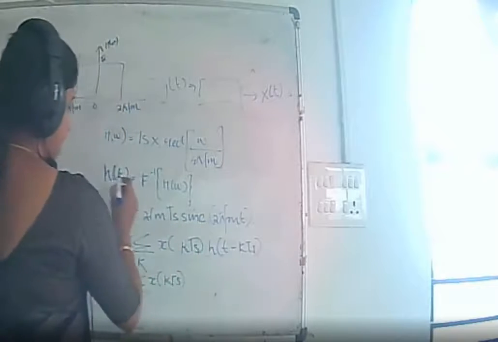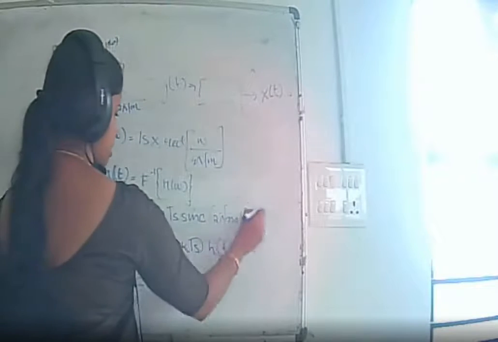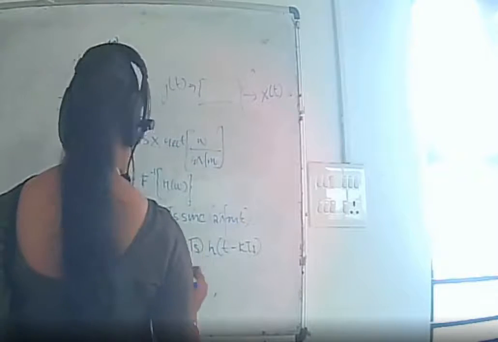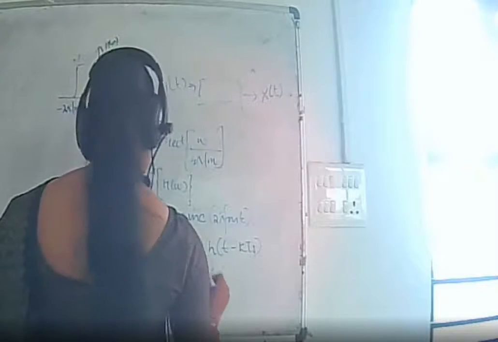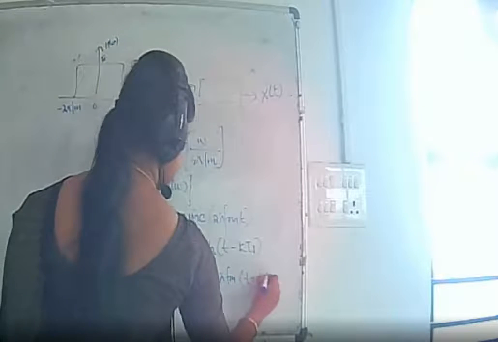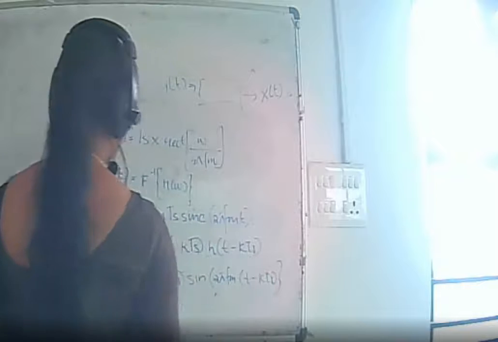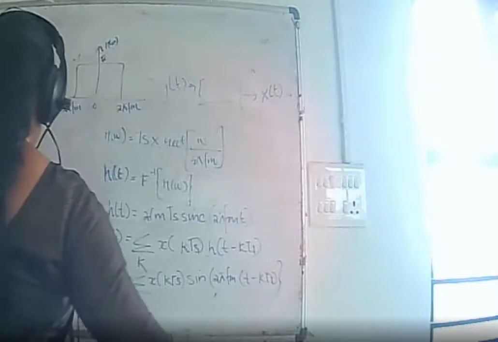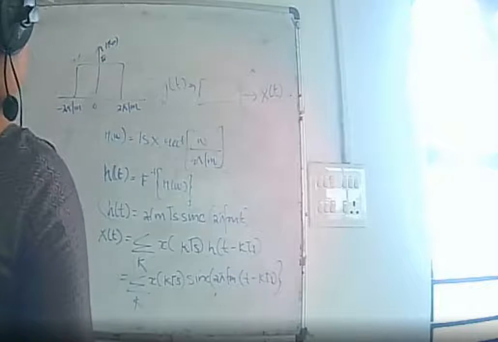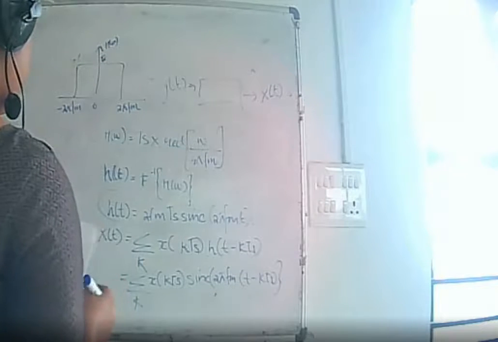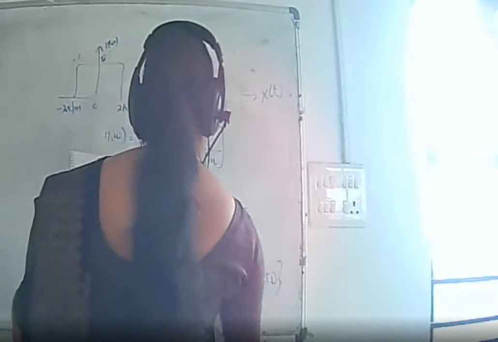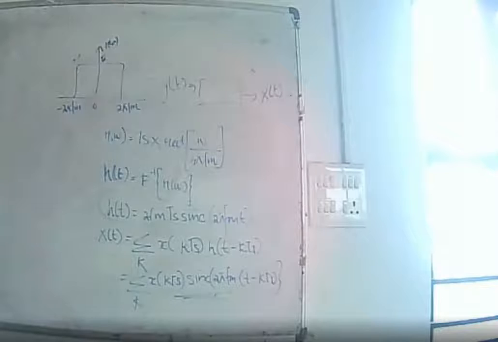For h of t we have this function, so we are time shifting t here, so this will become sinc of 2 pi fm into t minus kTs. This is our interpolation formula.